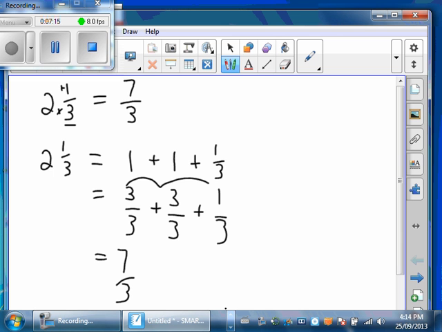Well, if we go back to our original quick conversion, we can see that we went 2 times 3. So we actually have 2 groups of 3 here, which gives us a total of 6, and then we simply added in the remaining numerator, which is 1, to give us our total, which is 7 over 3.